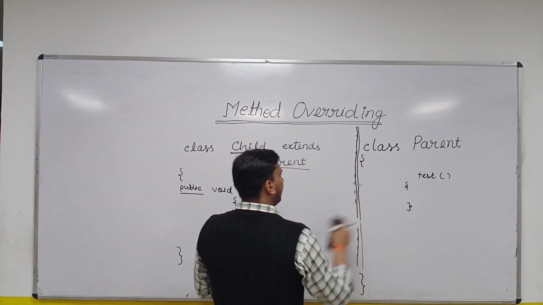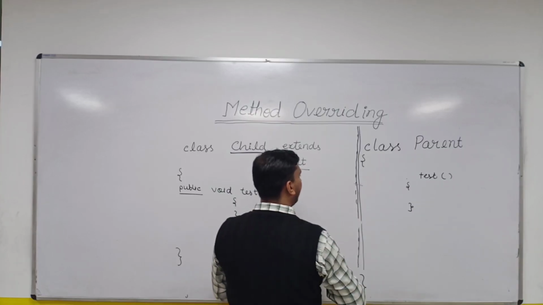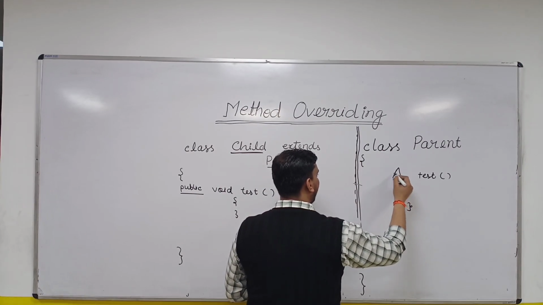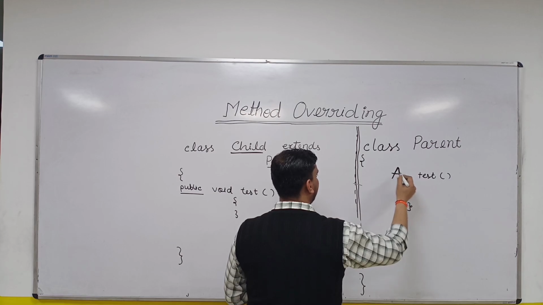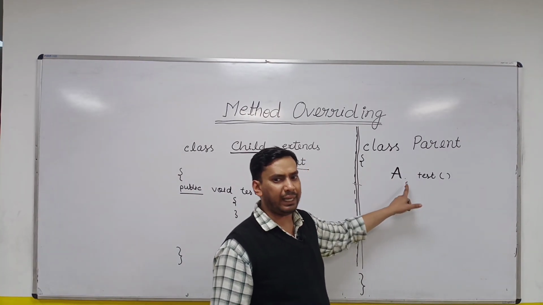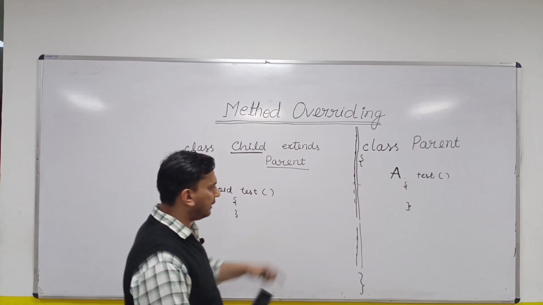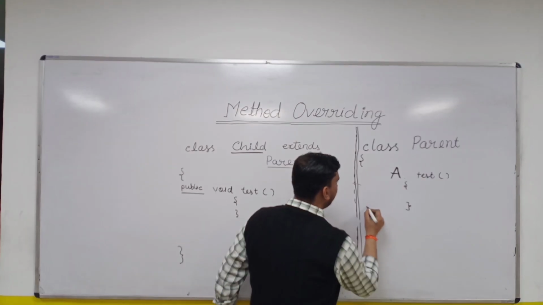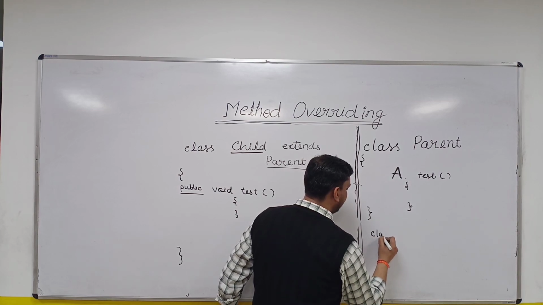Let's say there is a method which is returning some A type of object. I am just taking a random example. So the return type of this test method is A type, right? What is A? A is some, let's say, class.